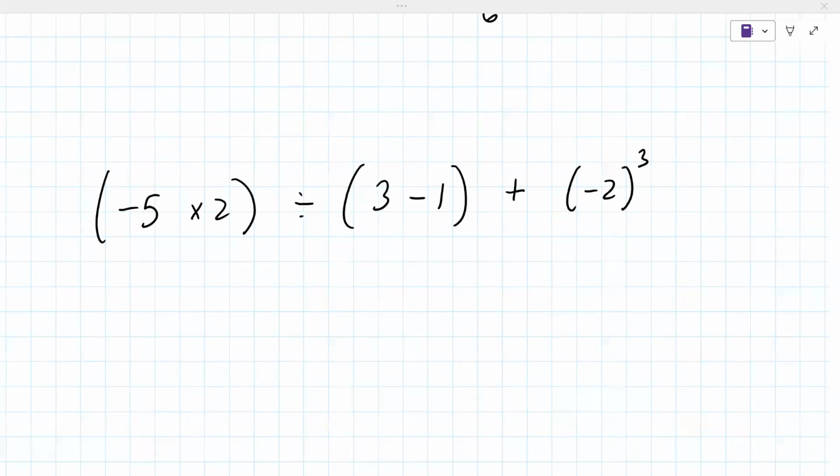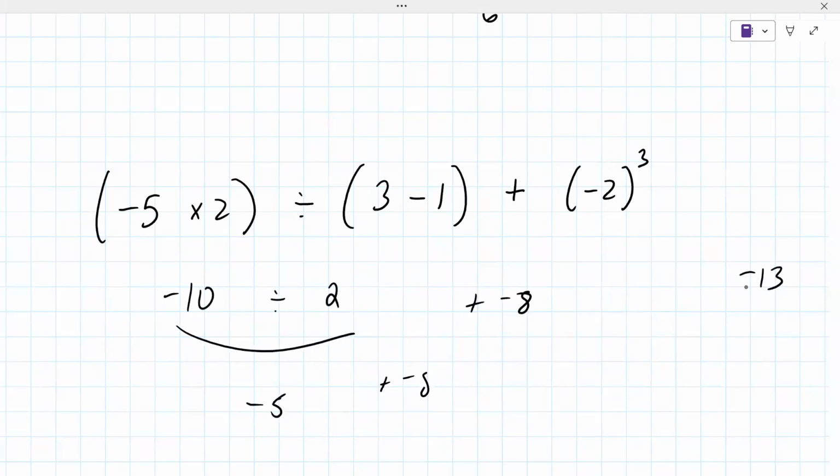Okay, now it's -5 plus -8, going to become -13. All right. So this is -10 divided by 2, which ends up being -5 plus -8, which is -13. Good. Very, very good.